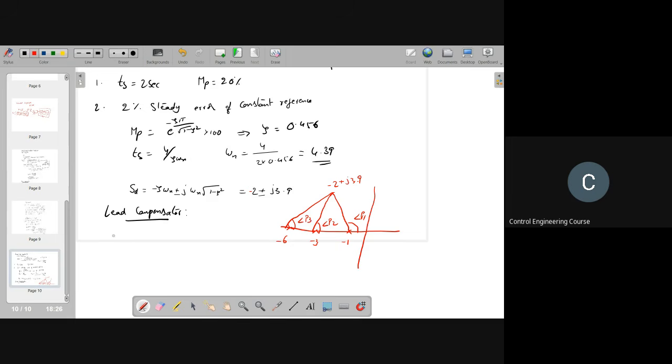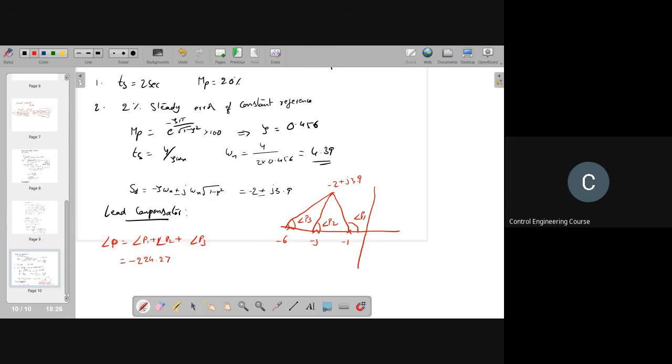Then the total angle contribution at this desired point SD from all the existing poles, I am calling this angle P, is equal to angle P1 plus P2 plus angle P3, which is equal to minus 224.27.